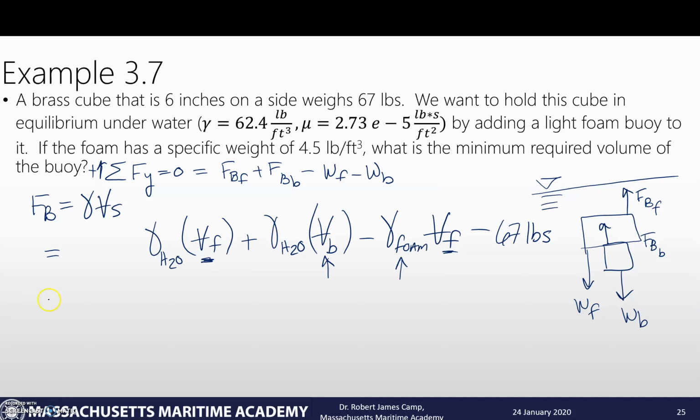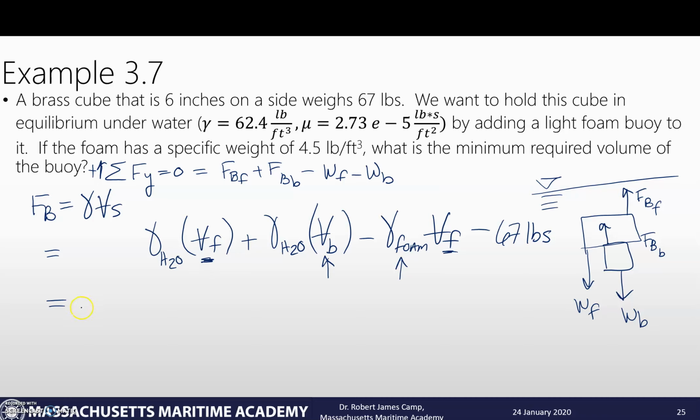All I'm left with is the volume of the foam, which is what we're trying to find. So let's start plugging our numbers in. I could put all this together because I've got the H2O here and pull out the H2O, but we're going to have to divide by that at some point, so let's not worry about that.